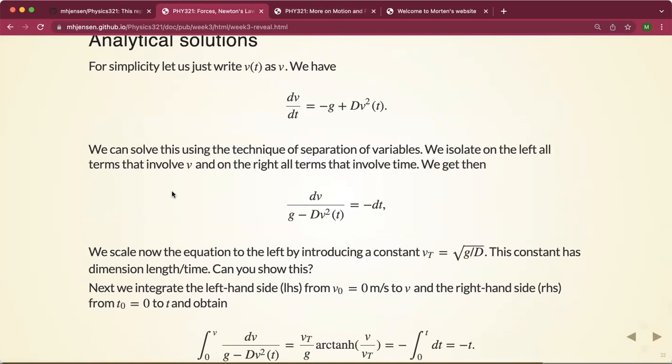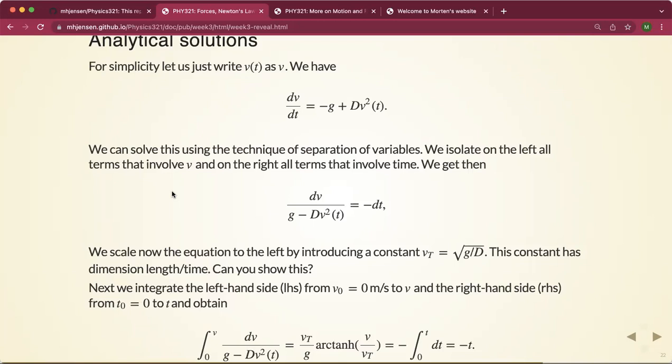With this technique of separation of variables, we get a right-hand side which depends only on time, and a left-hand side which depends only on the velocity. Then we can integrate up. If we can do it, that's obviously the thing we would do. Otherwise, we would have to do it numerically. And you will see that in the numerical exercise for homework 3, we are not going to get an equation which can be solved analytically.